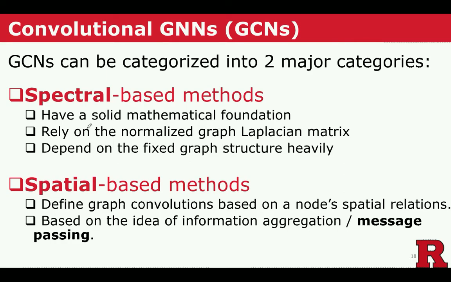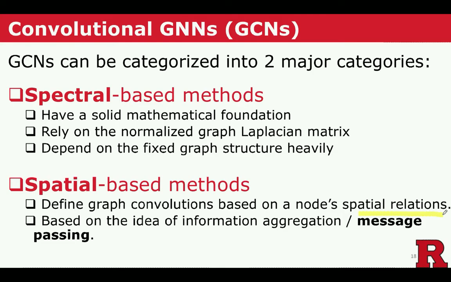The second category, spatial-based methods, they usually define graph convolution based on a node's spatial relations. Images can be considered as a special form of graph where each pixel represents a node.